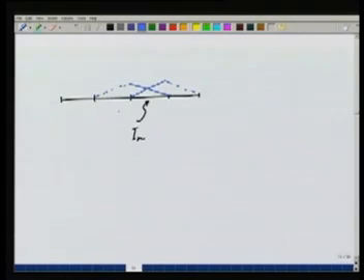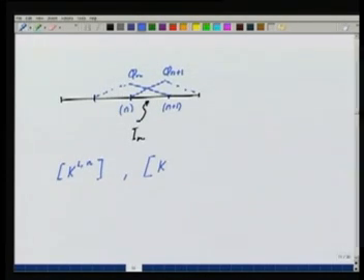So it will be corresponding to the nodes n and n+1, φ_n and φ_{n+1}. Okay, so this is what we will have at the element level. So what we are going to do is, at the element level, we are going to compute the k linear for the element n, and k nonlinear for the element n.